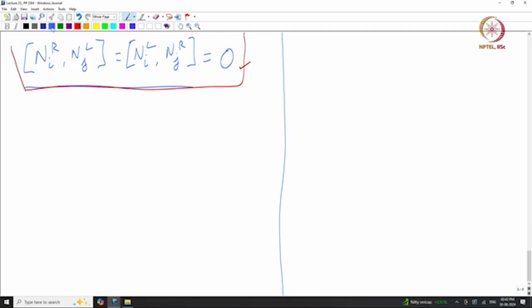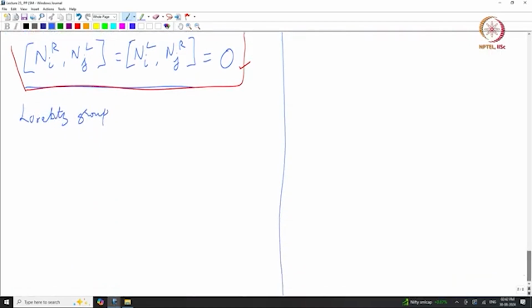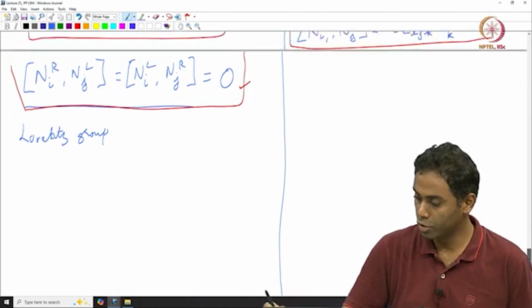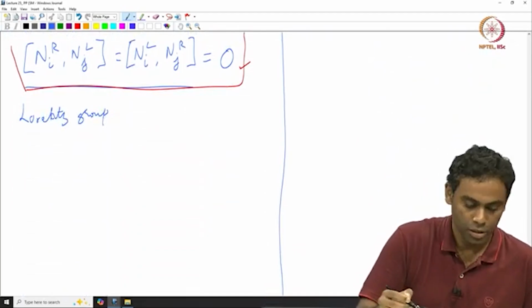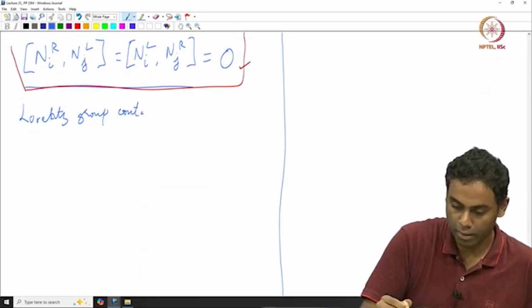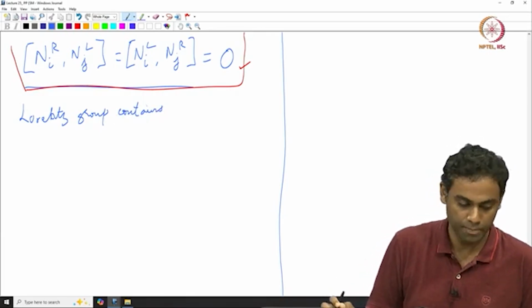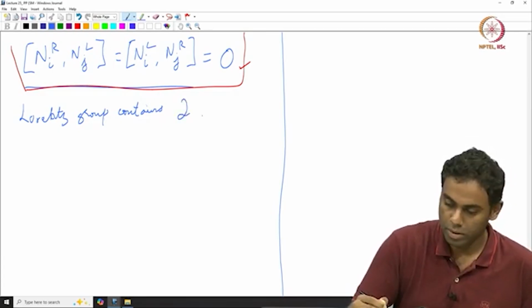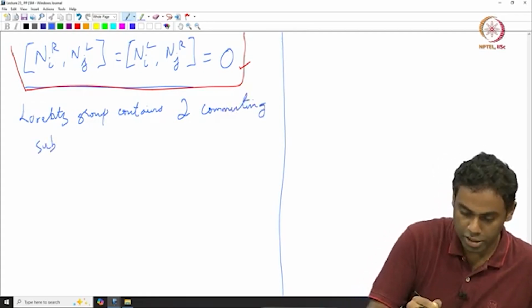In other words, the Lorentz group that we started out with, in the 4 vector representation, seems to contain, by just slightly manipulating the rotation and boost generators, by putting them in a certain combination, 2 commuting sub-algebrae.